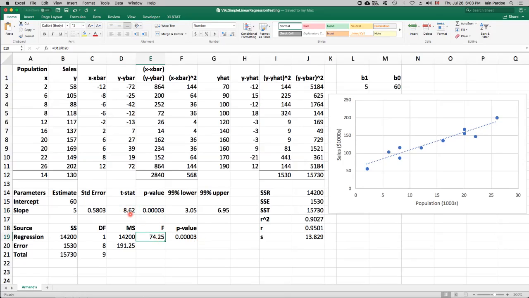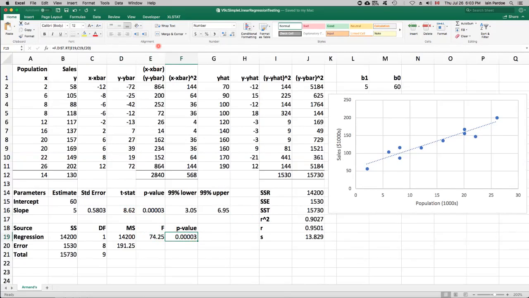This F statistic is actually the square of this t statistic. So we get the same conclusion. With such a small p-value, we reject the null hypothesis in favor of the alternative hypothesis, and conclude that there's a significant linear association between sales and population for this chain of pizza restaurants.